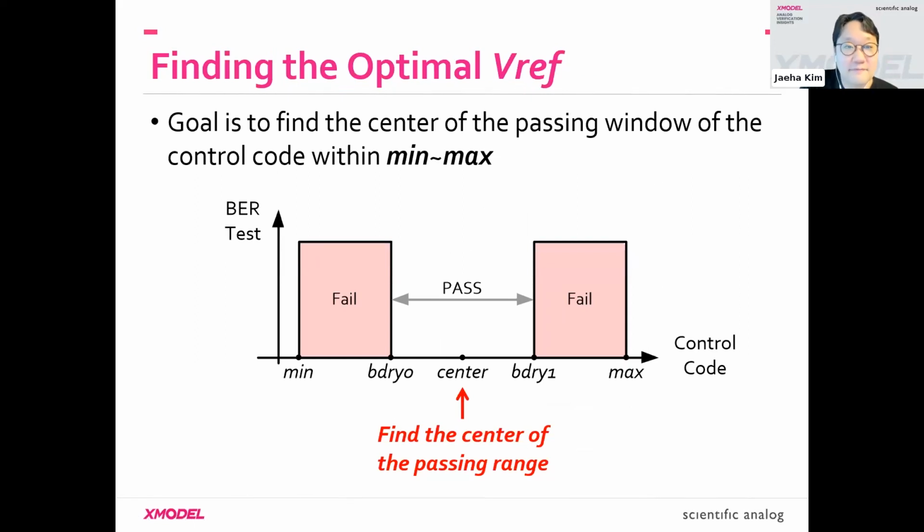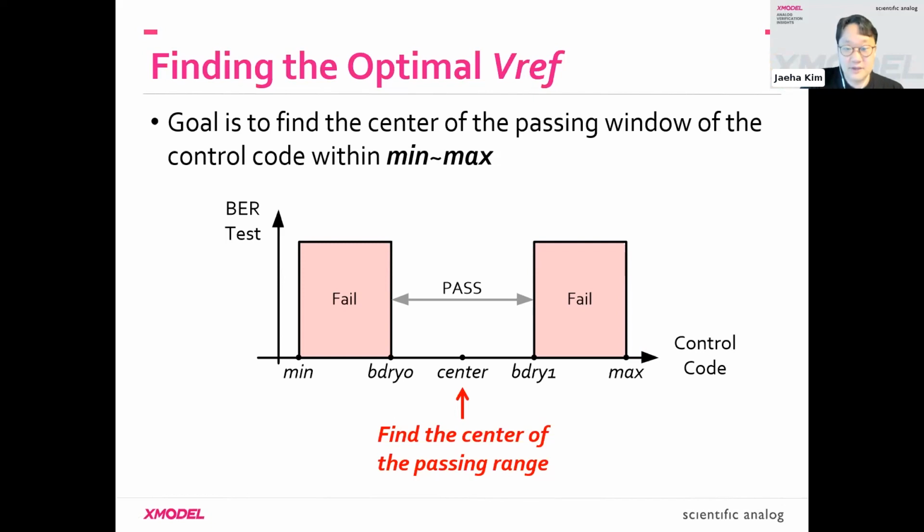Okay, so starting with the process of finding the optimal Vref. Again, I'm not claiming this is the best way. This is just one way. Our goal is to find the center of the passing window within a certain range, covered by the minimum and maximum.